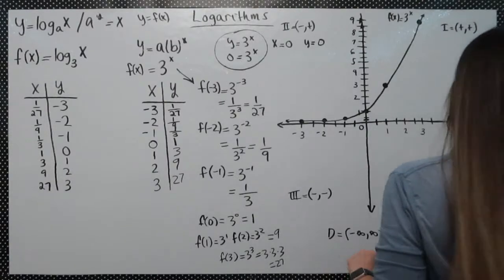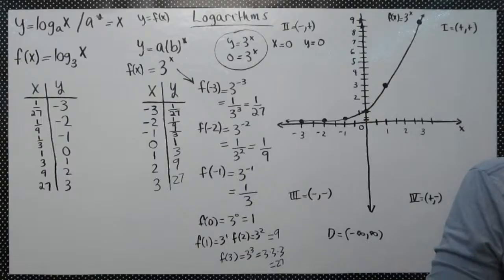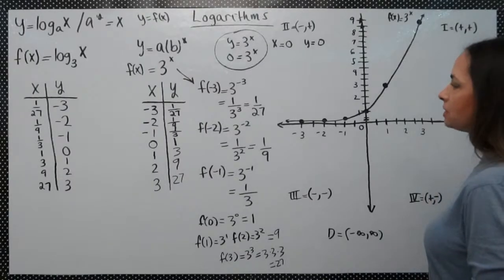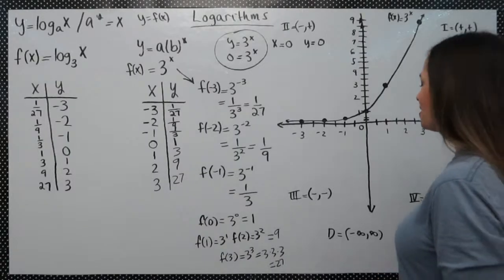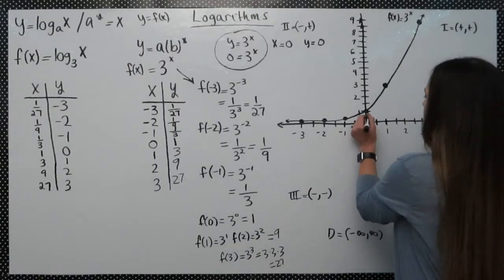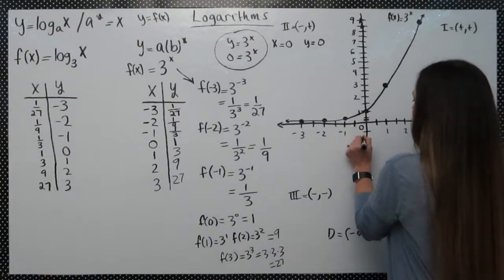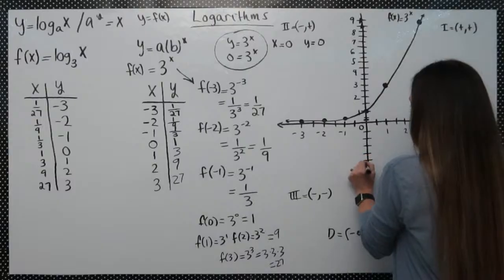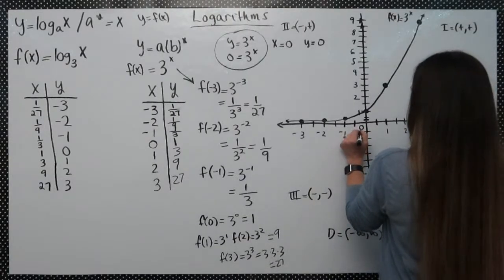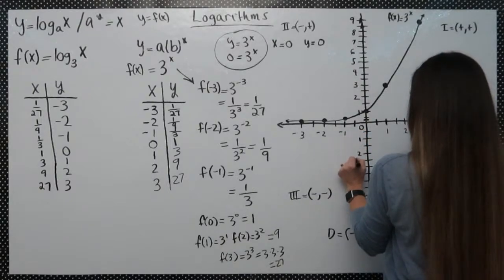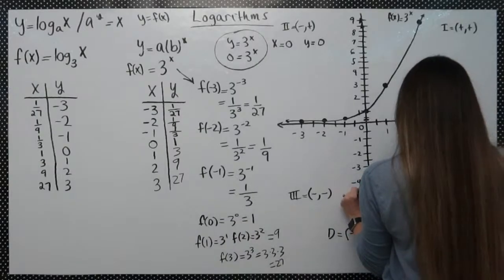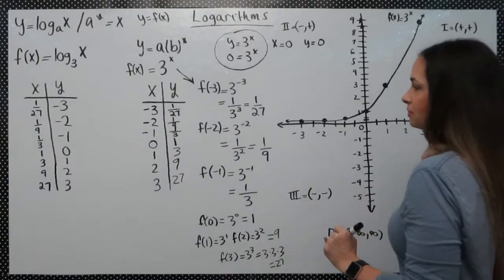So we're going to go ahead and sketch those points, 1/27 and -3. We're going to need some negative values in here, so we'll say that is 1, 2, 3. That should be sufficient because we're only going to -3.